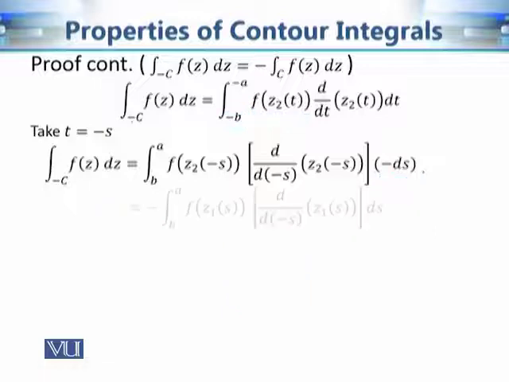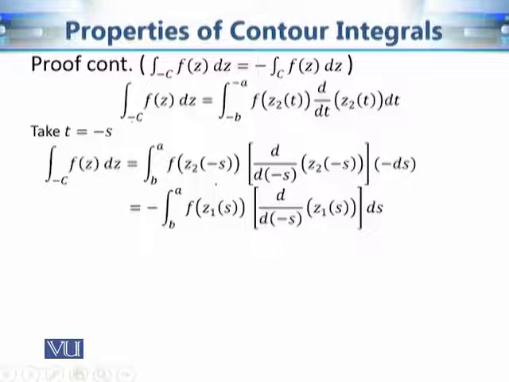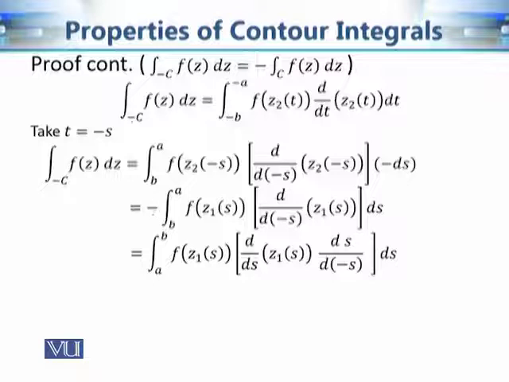Now z2 of minus s, we know, is z1 of s, and ds is over here, and this minus sign is moved over here. This part remains the same, so z2 of minus s is basically z1 of s, once again using this fact.